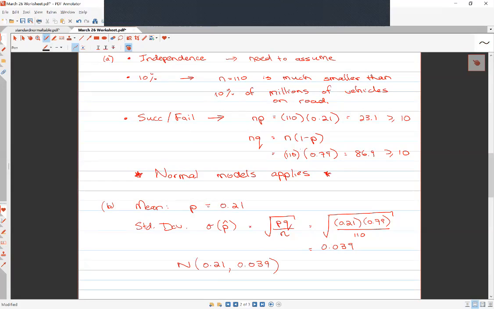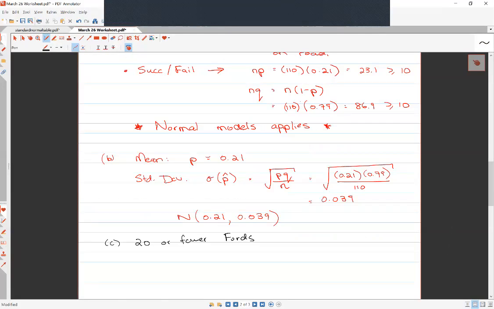The last part of this problem, part C, then asks, calculate the probability that the sample will include 20 or fewer Fords. Right, so what proportion does that correspond to? Well, that means 20 of my 110 sampled vehicles.